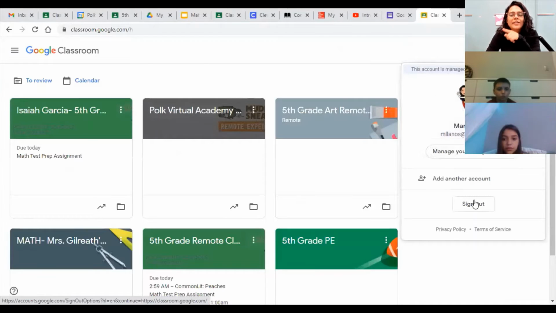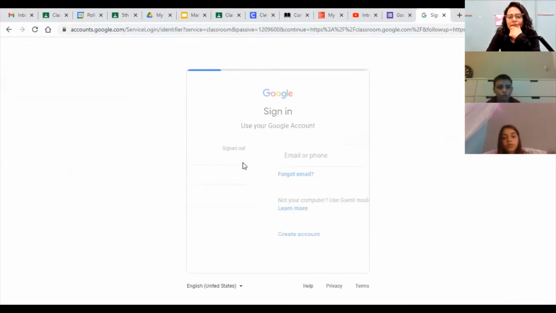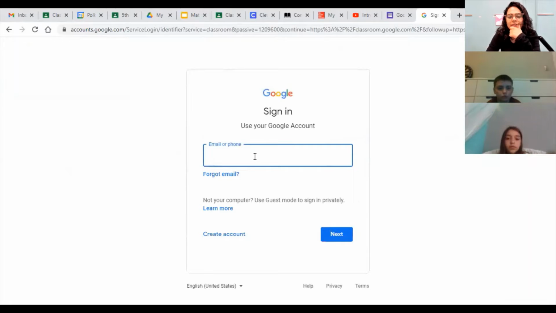I mean, it's not gonna take you to mine, it's just gonna take you to the sign-in page. Your account might be there, or you might have to just put it in. You can say use another account. And then that's where you put that lunch ID and at pokeschools.org. Okay. So try it and then let me know how it goes.